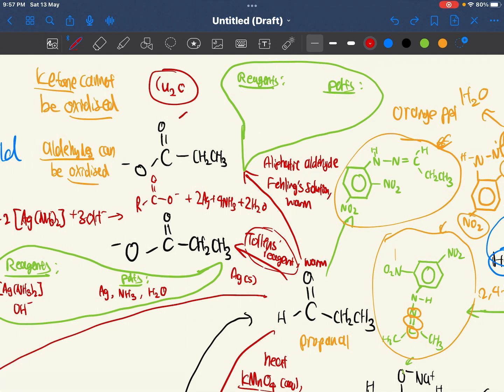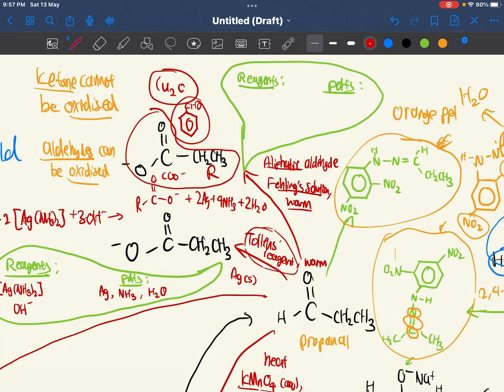It cannot oxidize aromatic aldehyde. So what's an aromatic aldehyde? This kind of aldehyde. It cannot be oxidized using Fehling's solution. So you can do a further distinguishing test between aliphatic and aromatic aldehyde using Fehling's solution, warm. Similarly, it will form this product, which is our group, and they'll form our COO minus.